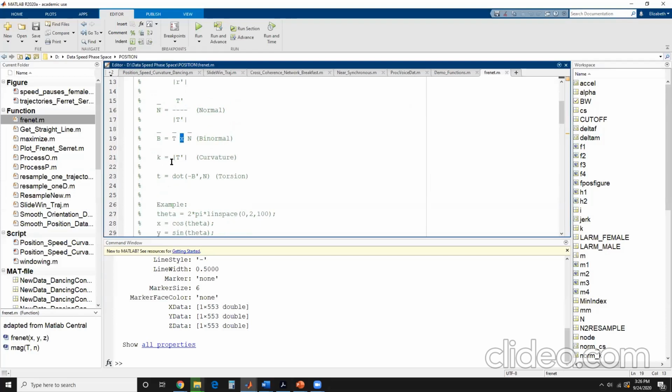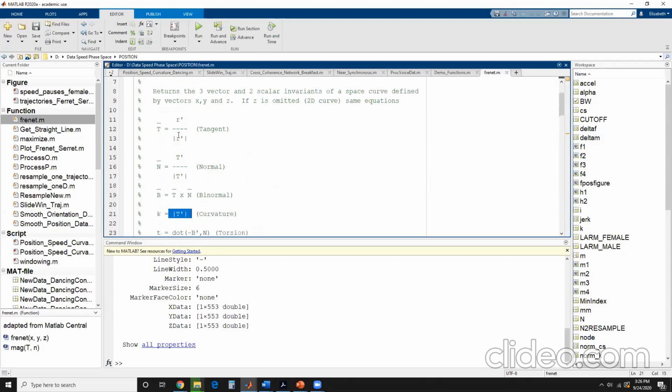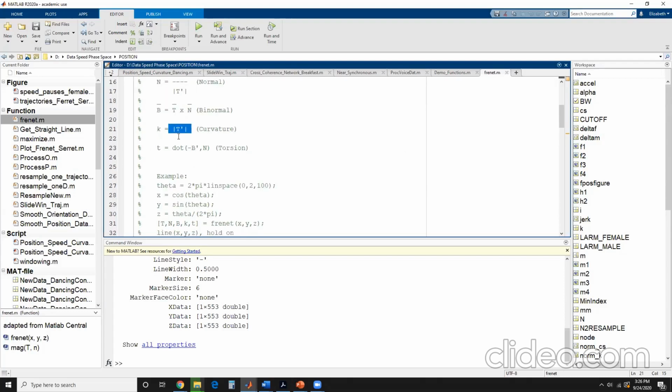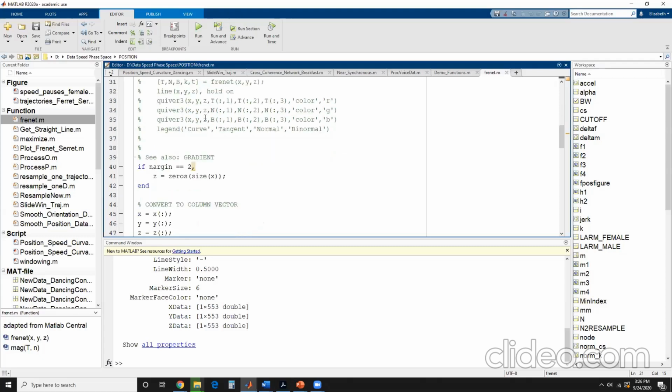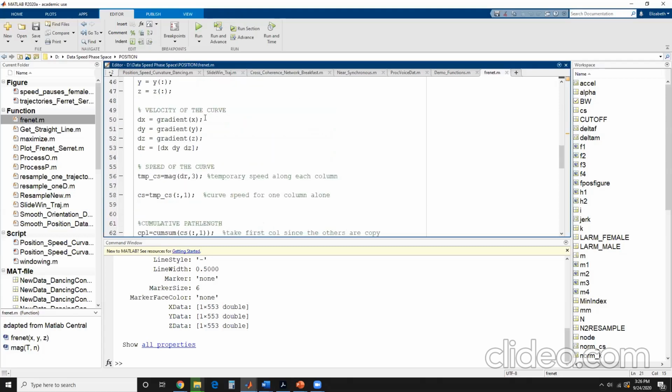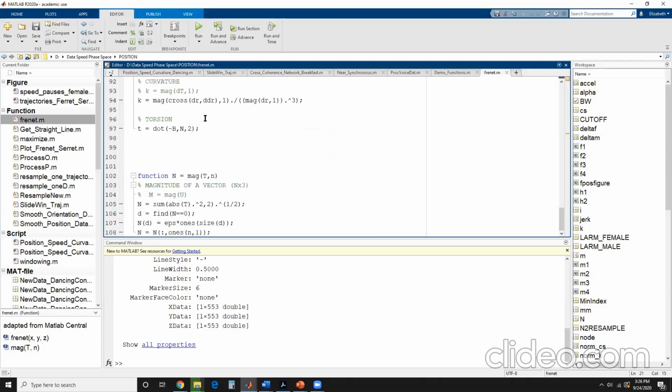Then there are the curvature and the torsion. The curvature is the norm of that tangent derivative, and so forth. So this is kind of how to build that and how to compute it in MATLAB.